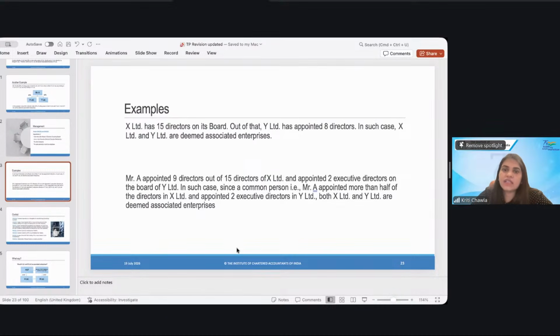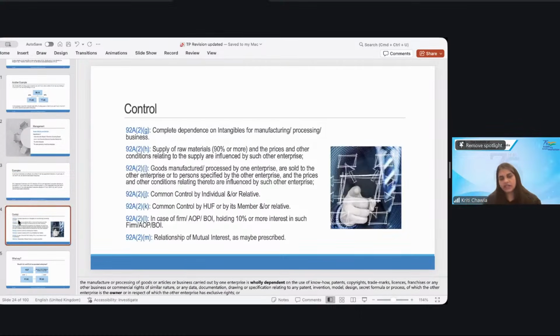Okay, now we look at the next set of conditions right here, which are control conditions. So now we'll look at the first one, which is clause G, which talks about complete dependence on intangibles for manufacturing, processing, or for business. Now, this is where I've mentioned the law right here.